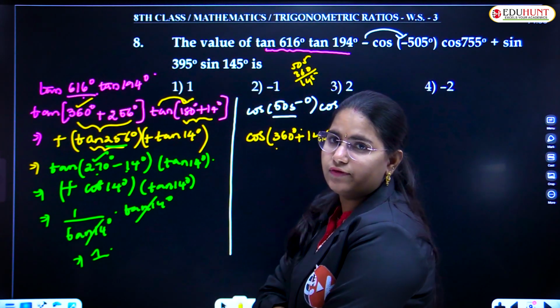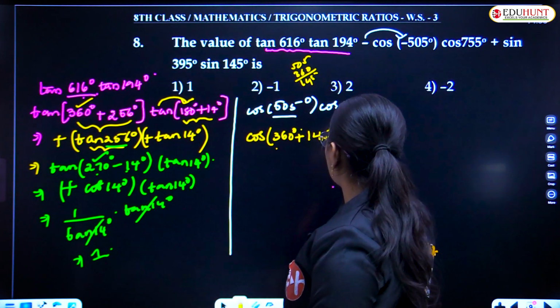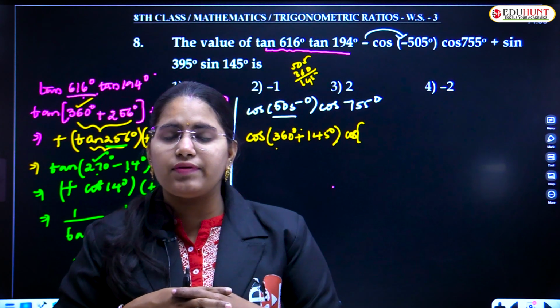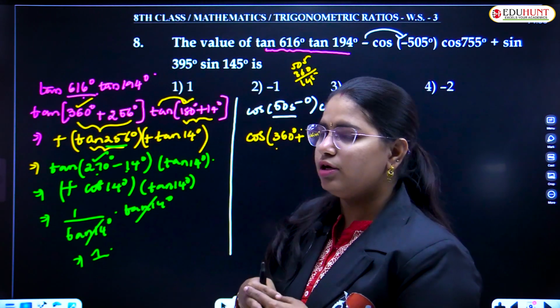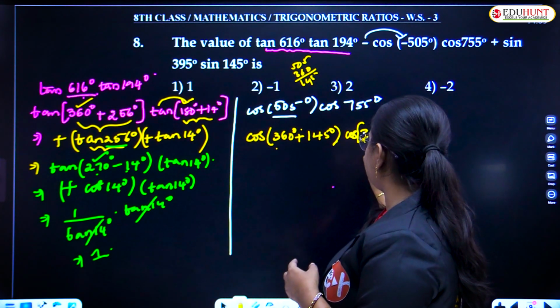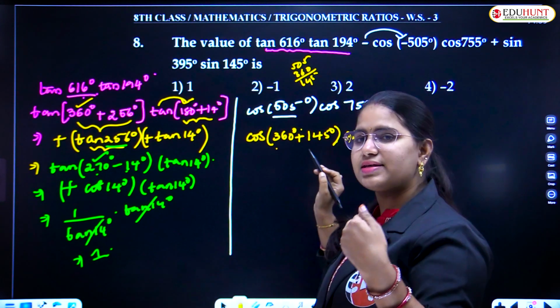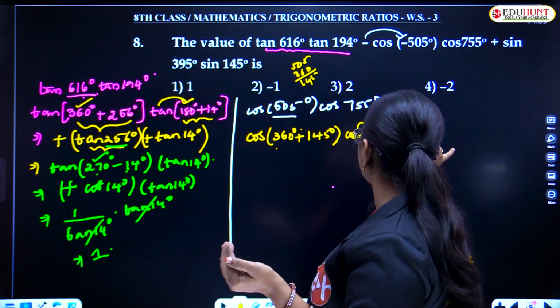Next is cos 755. How can I express cos 755? What is the nearest allied angle? Obviously it is 360 into 2. Two 360s is 720, so for 720 you need to add 35 degree.